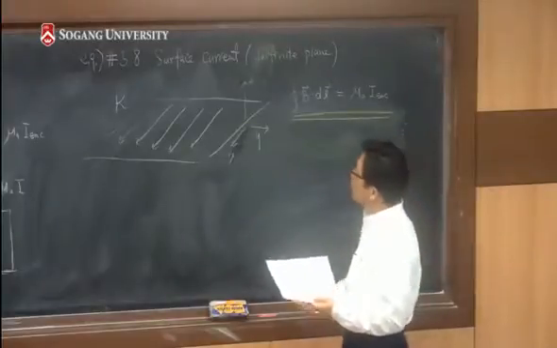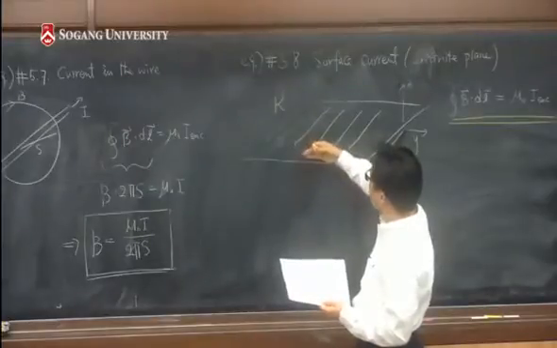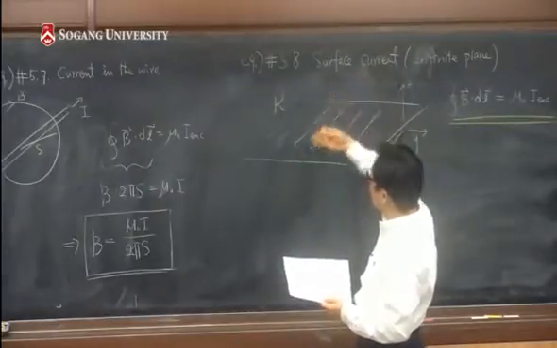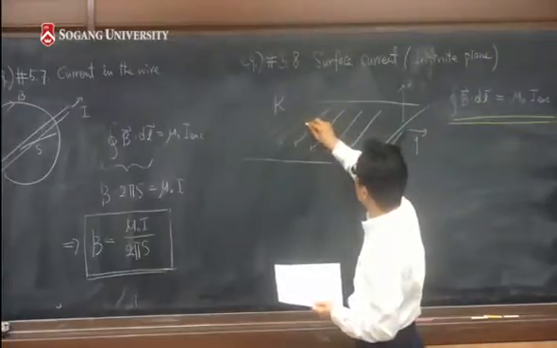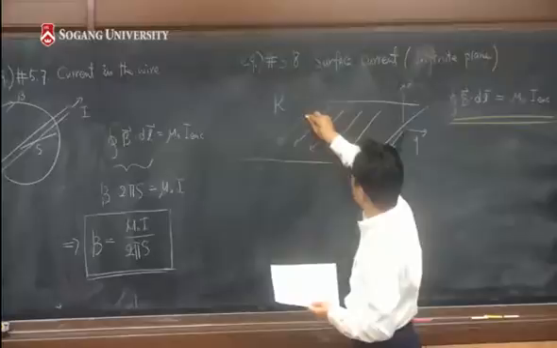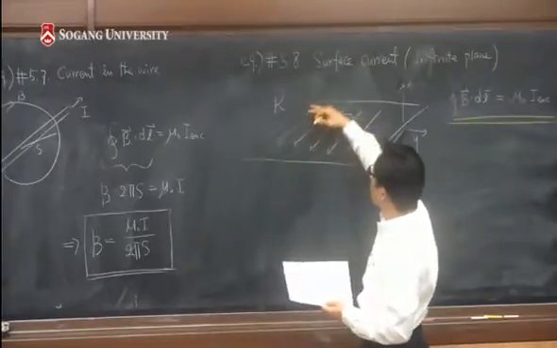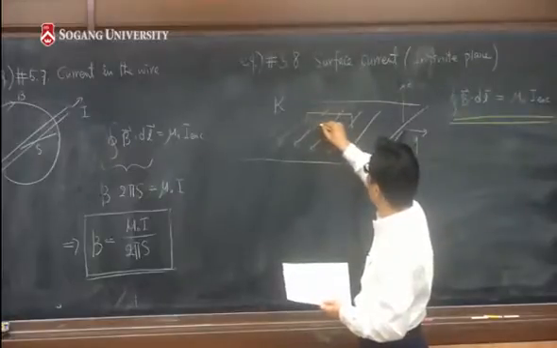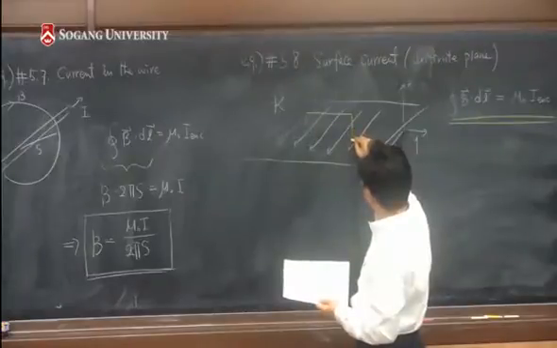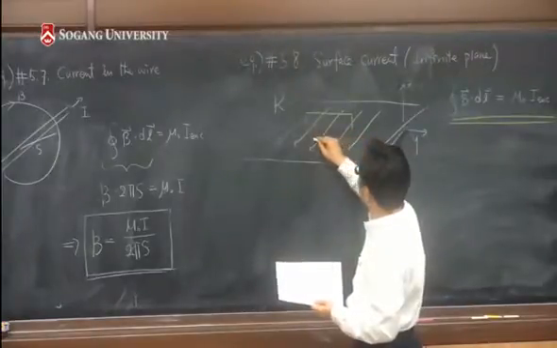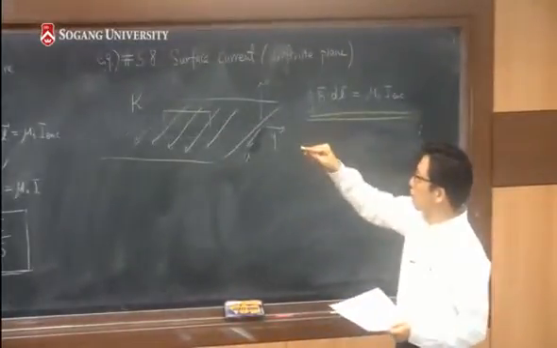The Ampere's loop that we can take can be in the plane perpendicular to the surface current, in a way that if we take a line like this, just above the surface, and then go inside of it, you can close the loop by taking this rectangular shape of the loop like this.